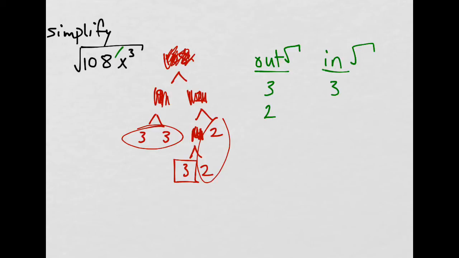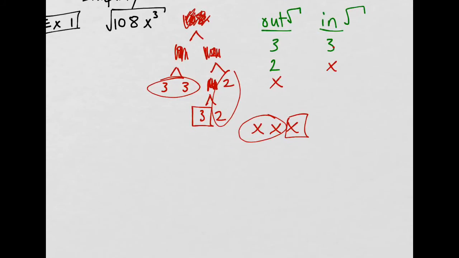Now we need to take care of the variable. The way we can do that is just write out x cubed, that's what this is, and look for pairs. And again, here we go. I take a single pair, that's on the outside, and then this one goes on the inside. So what's my answer?